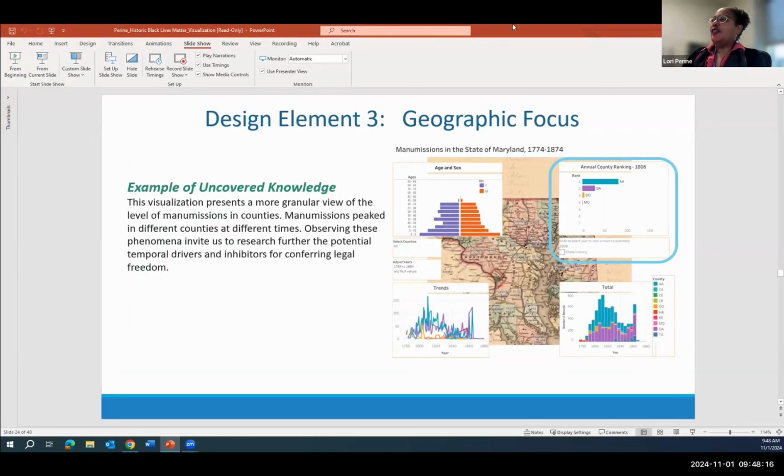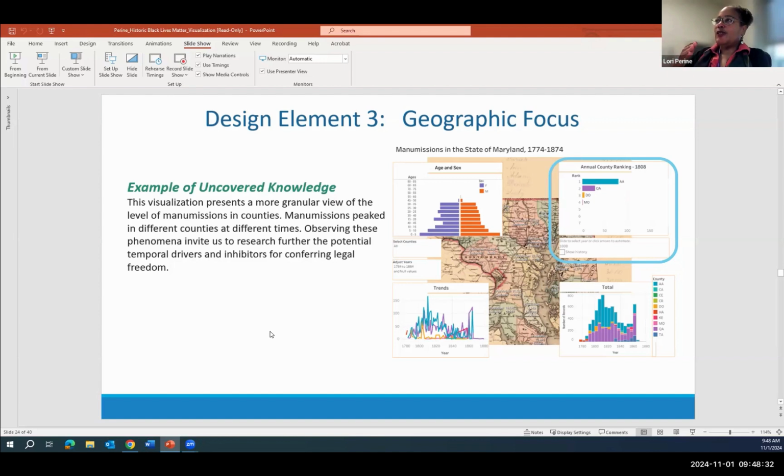So uncovered knowledge there, this just gives us a little bit more granular view of the manumissions documents during the period under review.